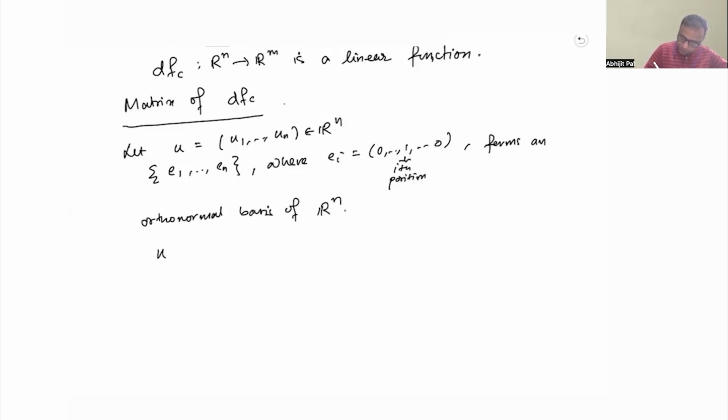So this u you can write as follows: summation ui ei, i equal to 1 to n.